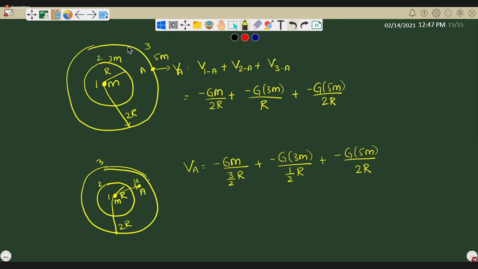This point is inside the third spherical shell. Understood? Yes, sir. Because this point, for this shell it is outside, right? Yes. For this point mass it is outside. For this it is inside. So it will be this. Clear? Yes, sir.